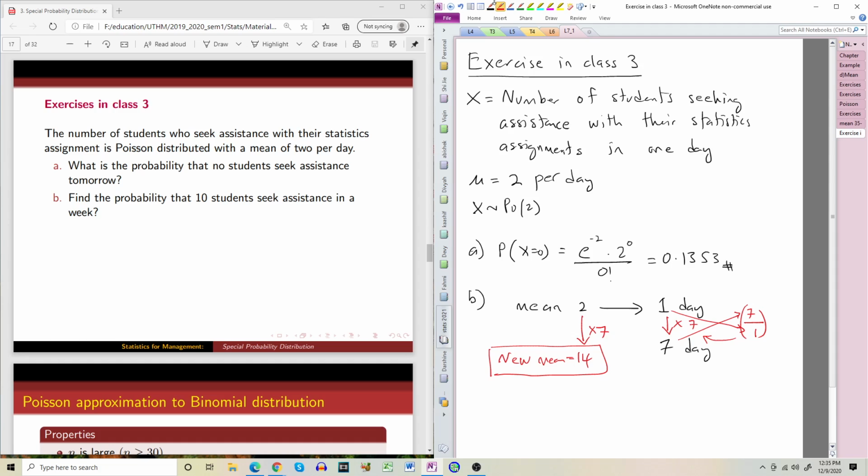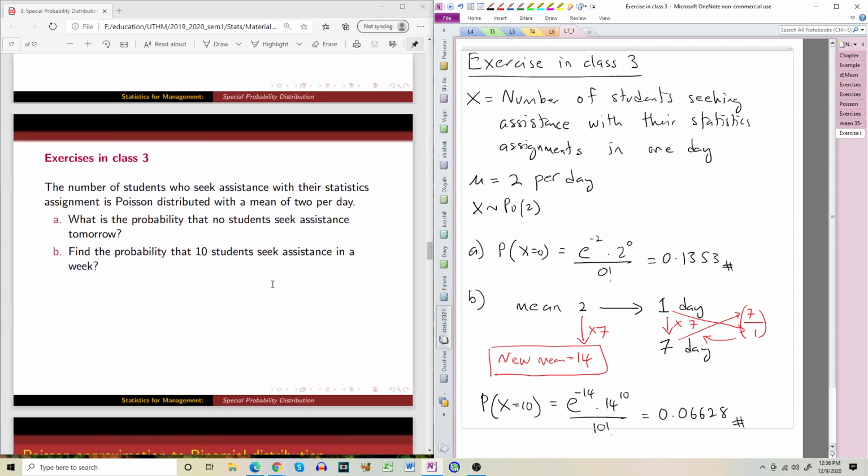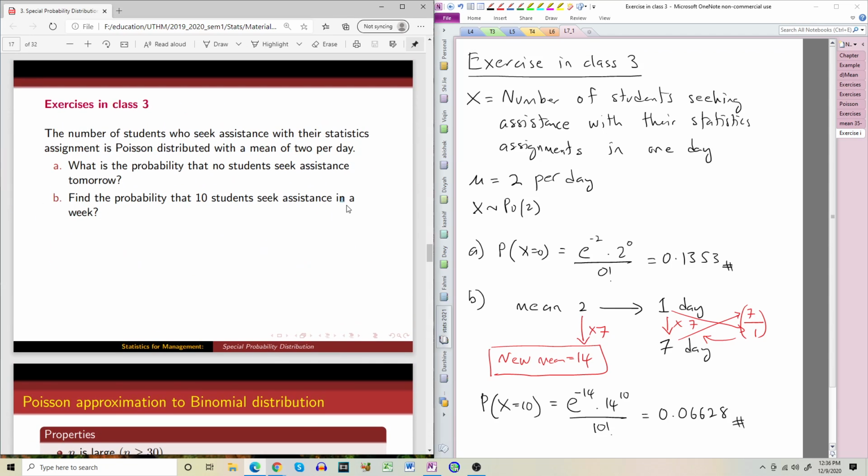This is my new mean. Now we can find the probability. That is the answer for exercise in class 3.